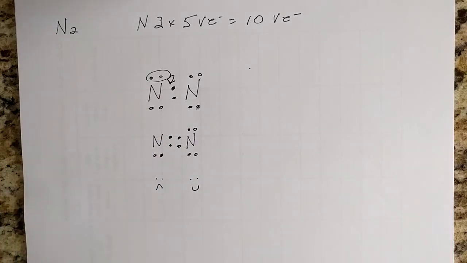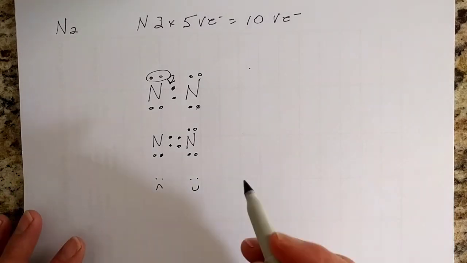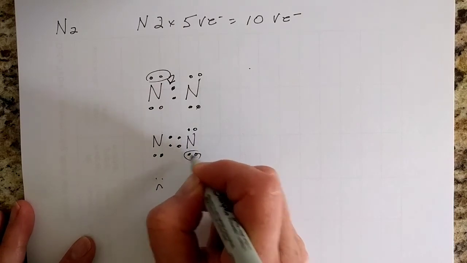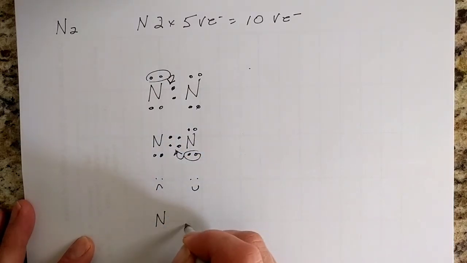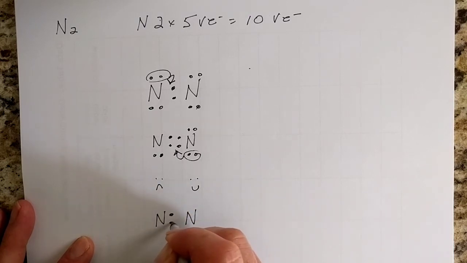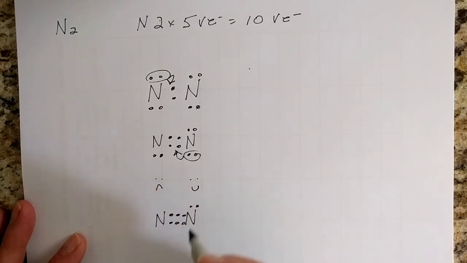So we still have more work to do. We need to get this nitrogen to have more electrons. So what are we going to do? We're going to take some electrons and move them into the center again. So when we do that, now we're going to have 3 pairs of electrons in the center, and we have our lone pairs of electrons. And it doesn't matter where we draw those.